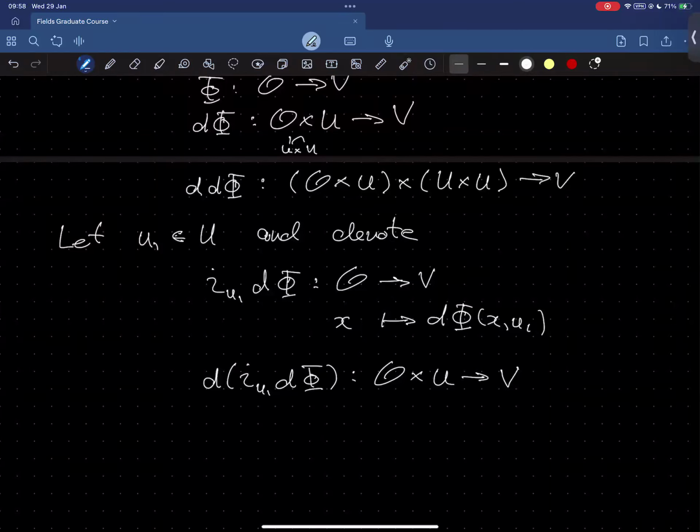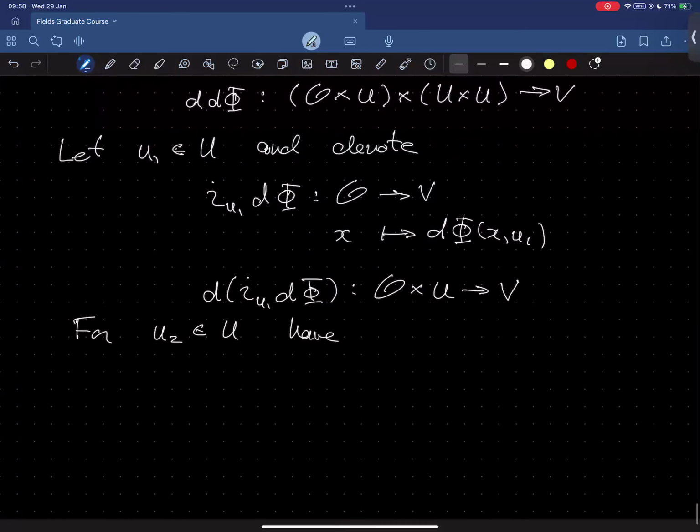All right, so then I can keep going. Again, I have this extra u here that I don't want to continually differentiate with respect to, and I get rid of that by choosing a u2 and sticking that in as a parameter. So for u2 in U, the notation now gets a little cumbersome, but nonetheless it's straightforward.